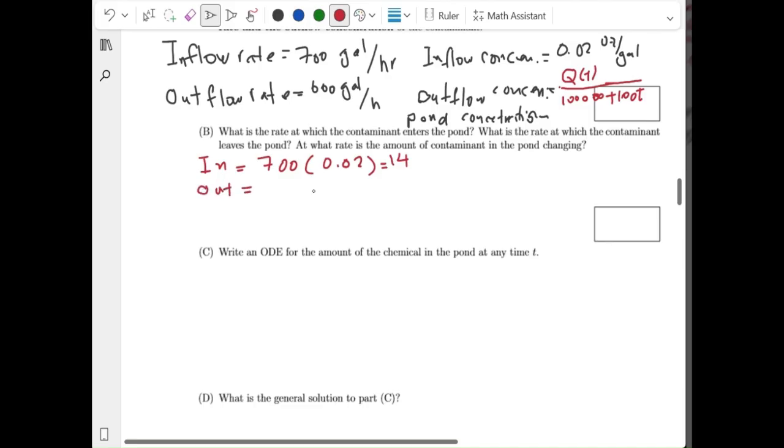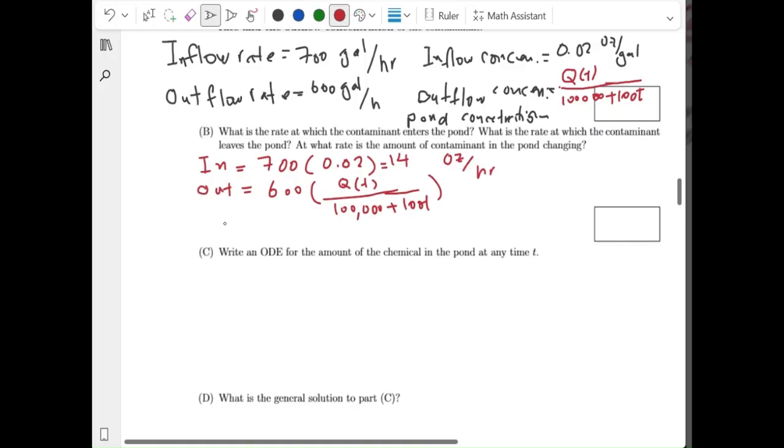Out is going to be the outflow, which is 600, times the concentration, which is Q of T, divided by 100,000 plus 100 T. And both of these are going to be ounces per hour.